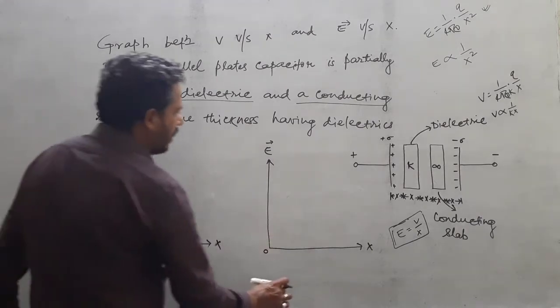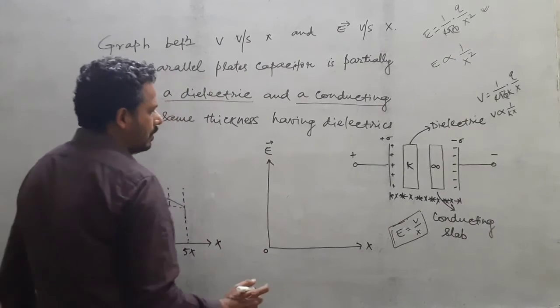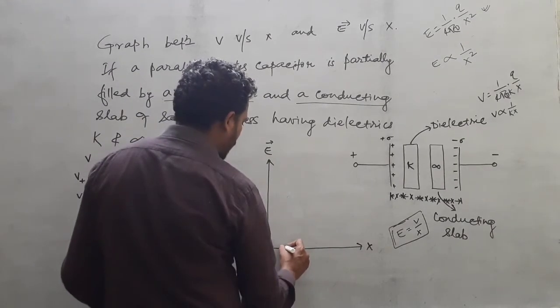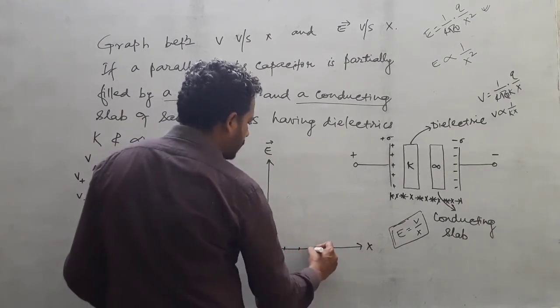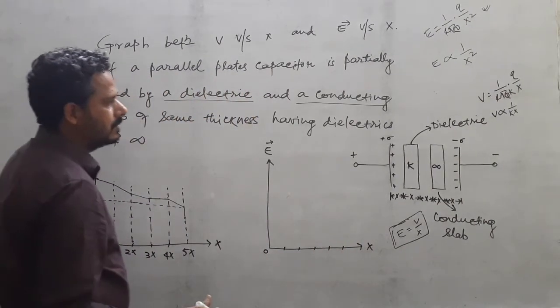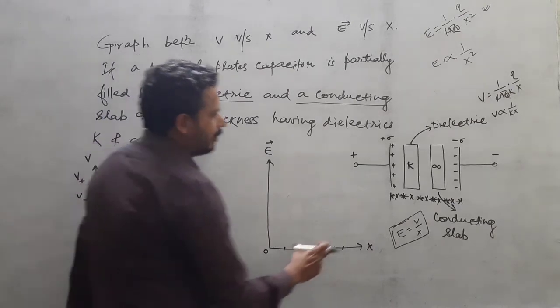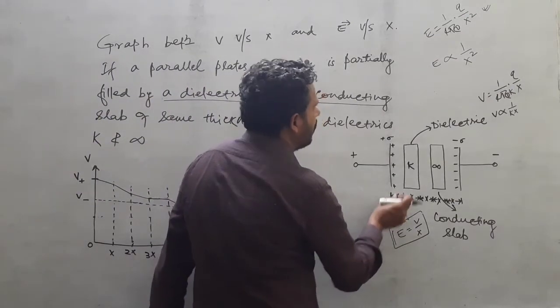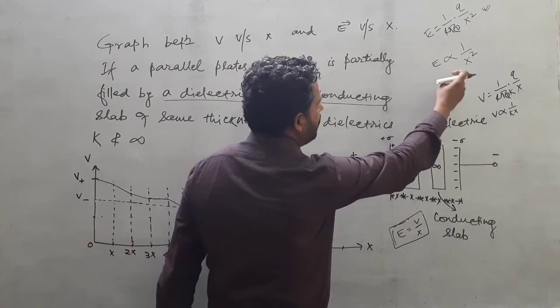So in the same way, you have to take care of 5 separations, like 1, 2, 3, 4 and 5. What happens from the first separation x, your field lines go by this one.